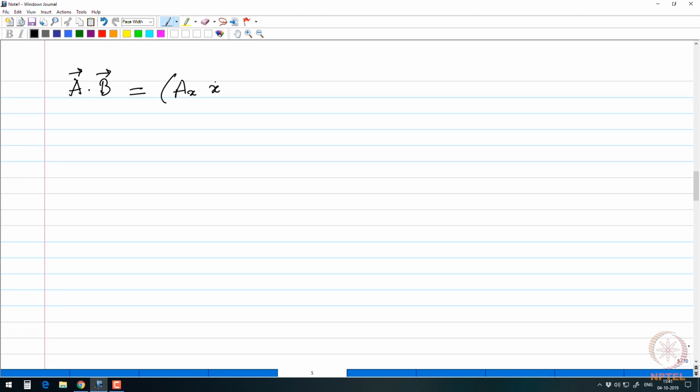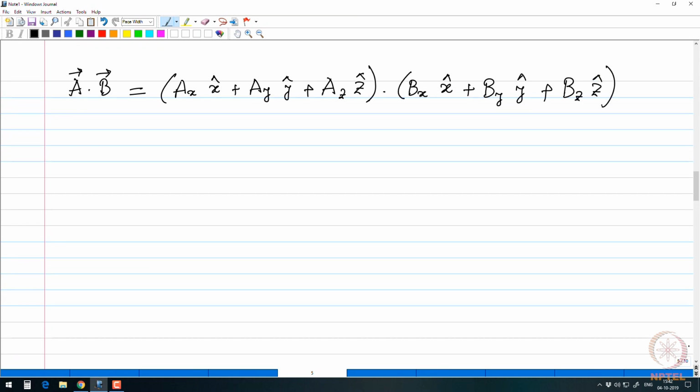Accordingly, now if we make a dot product of A and B, so A dot B, where A and B are written in component form. That is written as Ax x cap plus Ay y cap plus Az z cap dot Bx x cap plus By y cap plus Bz z cap.